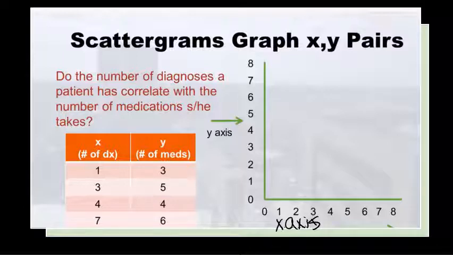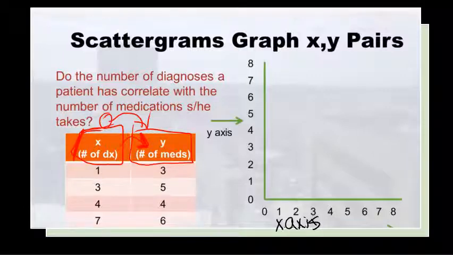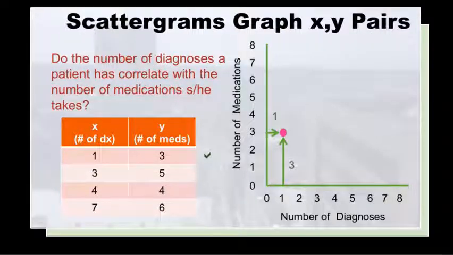So in the x-axis we have the number of diagnoses, and in the y-axis we have the number of medications they are taking. We want to see if X causes Y to happen, if the number of diagnoses is causing the patient to have a lot or a little bit of medication. So we want to see if there's a correlation there. What you're going to do is go ahead and plot the first one.